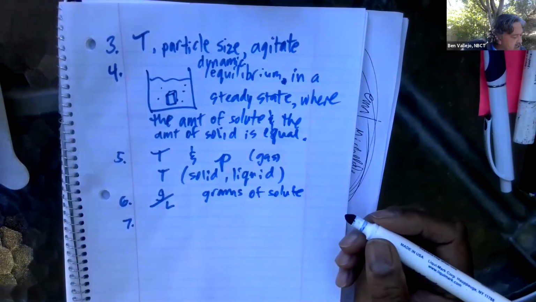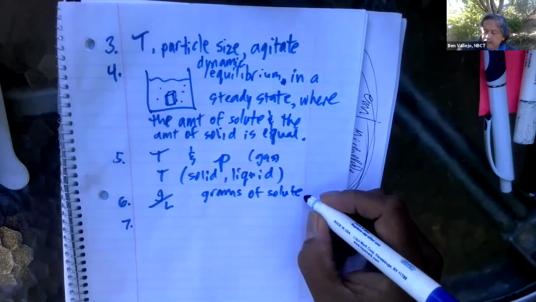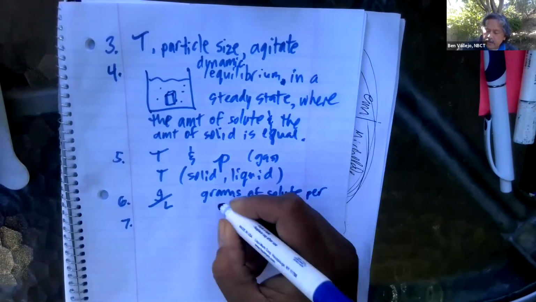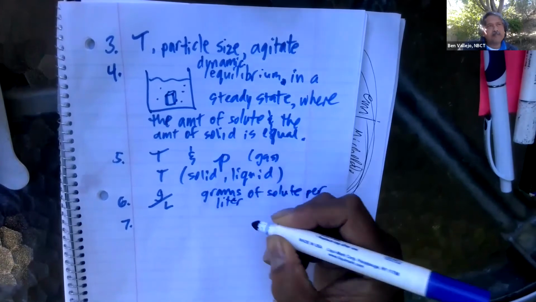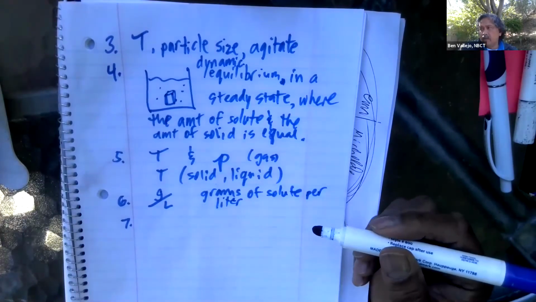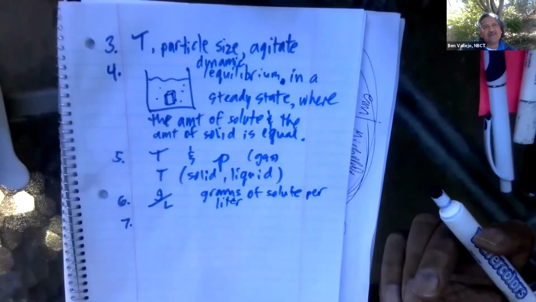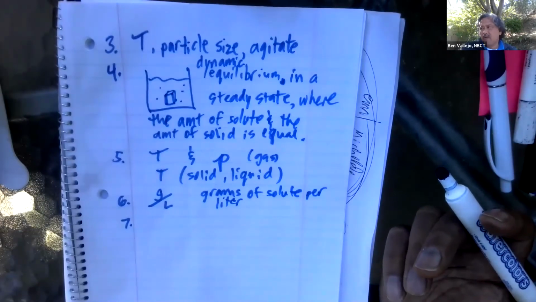Let's see, 6. Yeah, that's it. Grams of solute per liter. Another one might be, in words, grams of solvent per a set measure of the solvent.